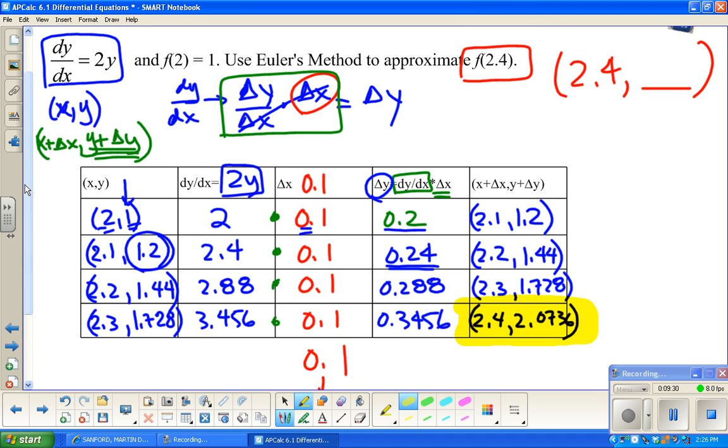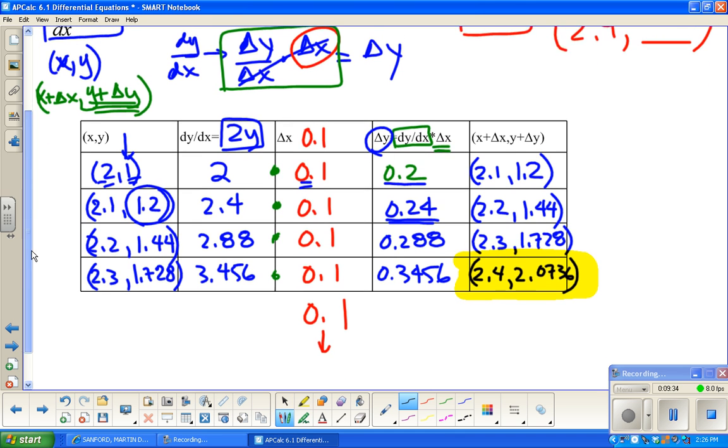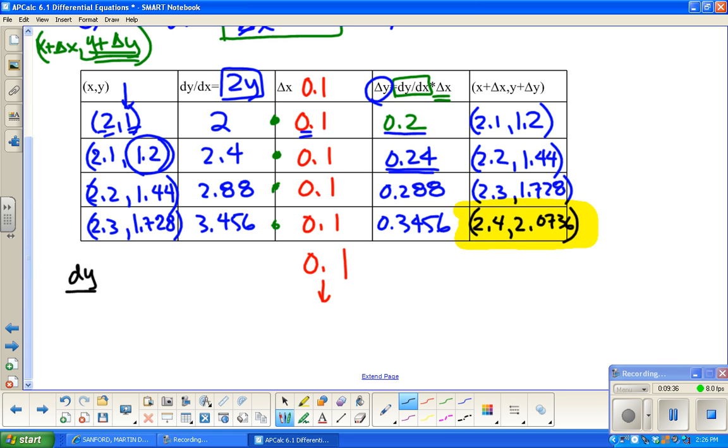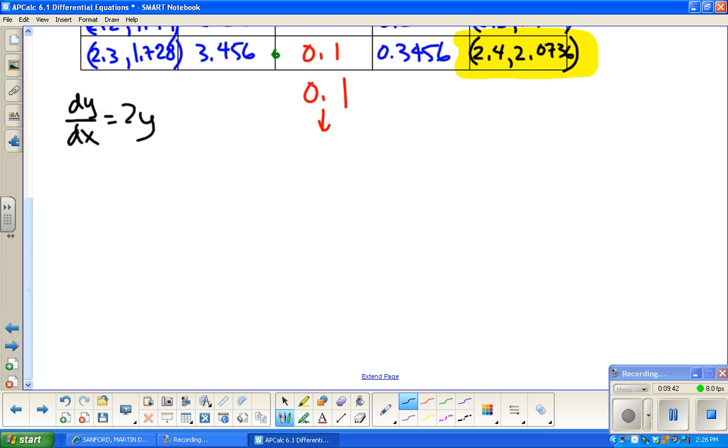I don't remember if I did this in the first video or not, so I'm going to move right along. The purpose of this video is not really to do this particular problem analytically. We'll spend a lot of time on this style of problem later on in the chapter, but I want to see how close this approximation is.